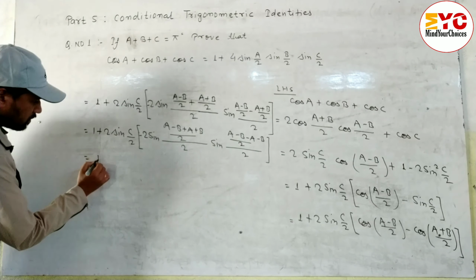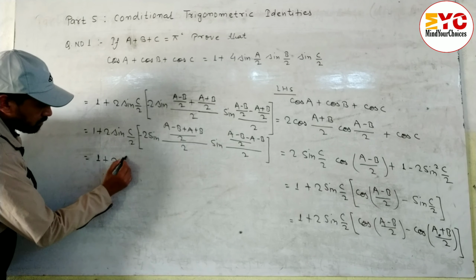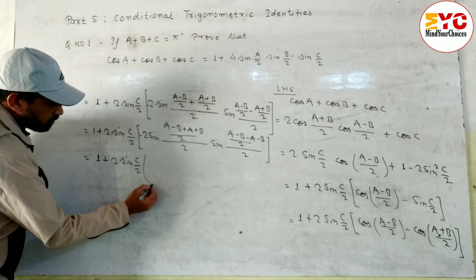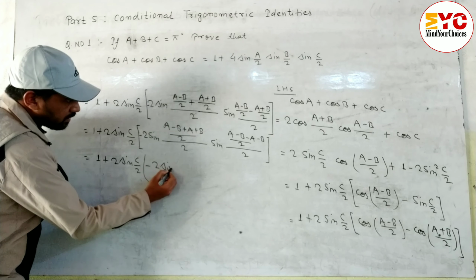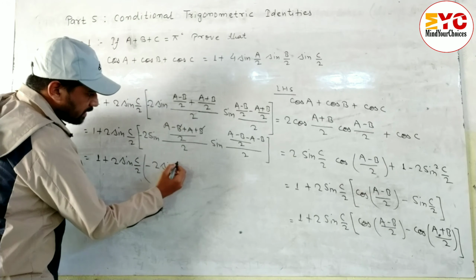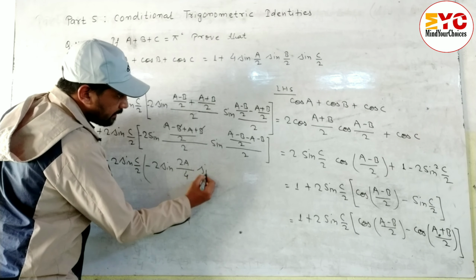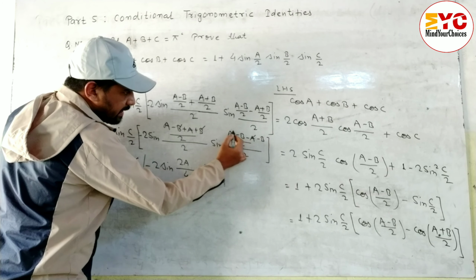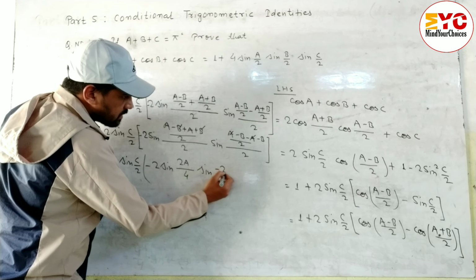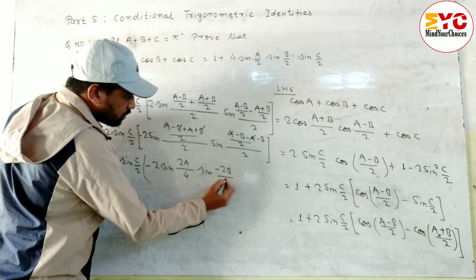After this 1 plus 2 sine c by 2 minus 2 sine, this b and b cancel, a plus a, 2a by 2 into 2 is 4. Here sine cancel, a and a cancel, minus b means minus 2b by 2 into 2 is 4.